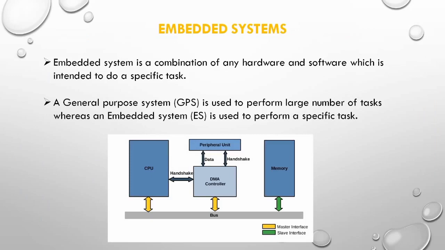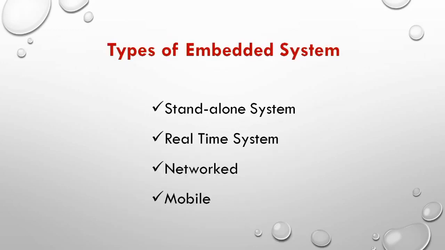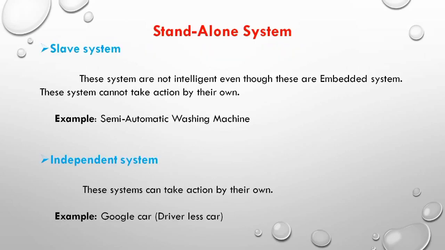Embedded system. An embedded system is nothing but a combination of hardware and software intended for a specific task. A general purpose system is used to perform a large number of tasks, whereas an embedded system is used to perform a specific task. There are several types of embedded systems: standalone, real-time, networked, and mobile.